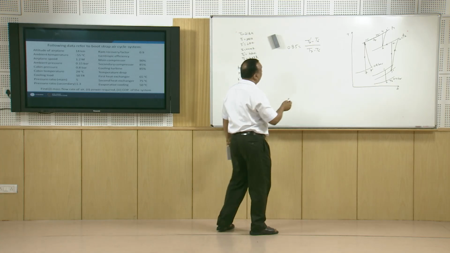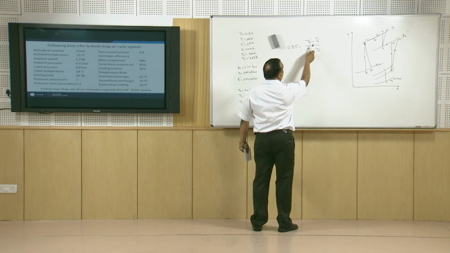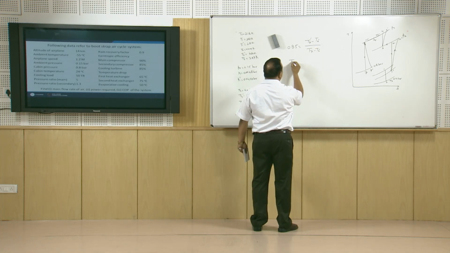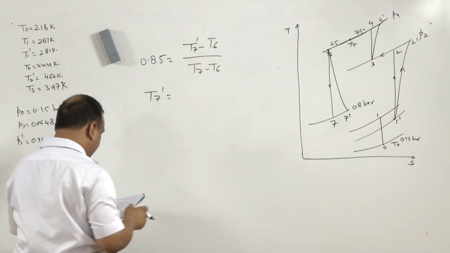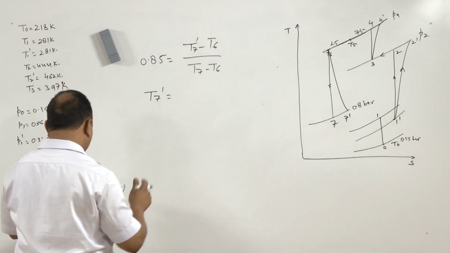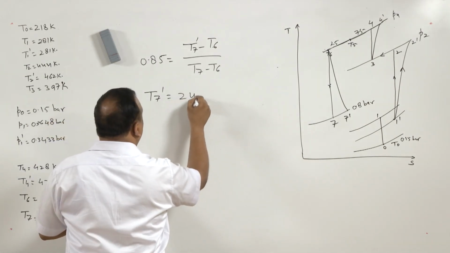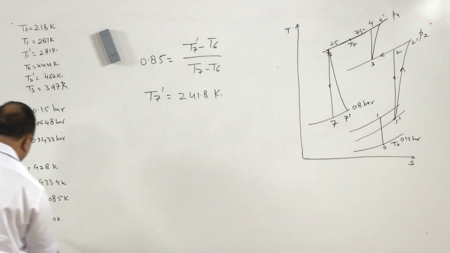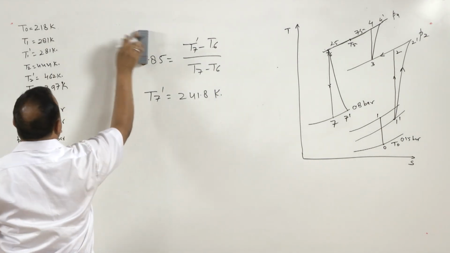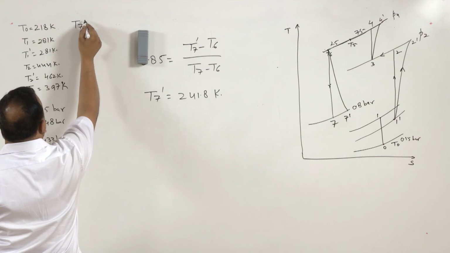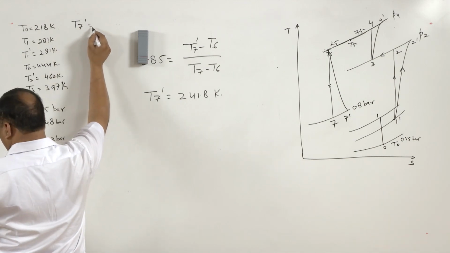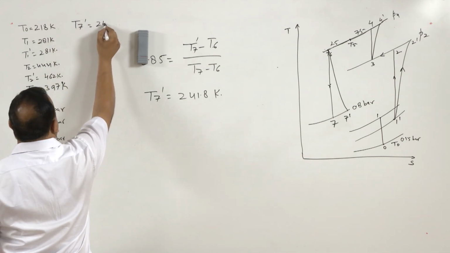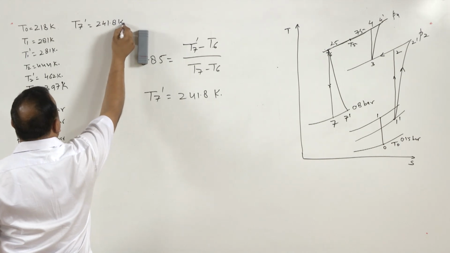We have the value of T7, we have the value of T6. This will give us the value of T7 dash as 241.8 Kelvin.